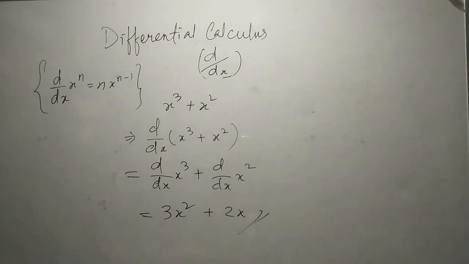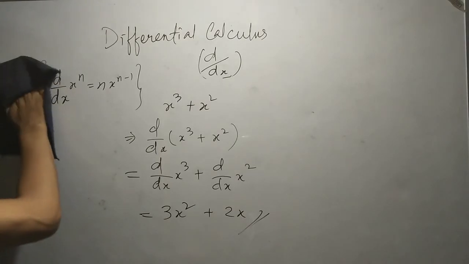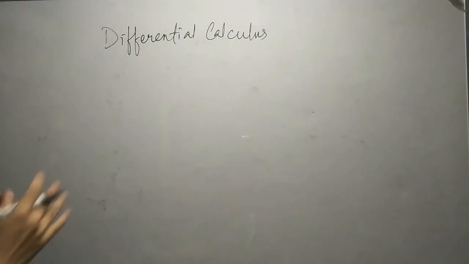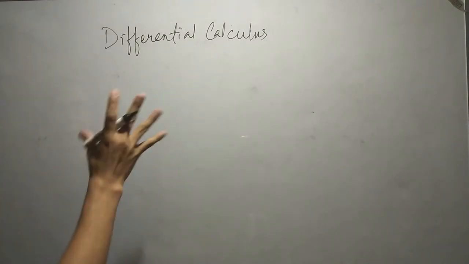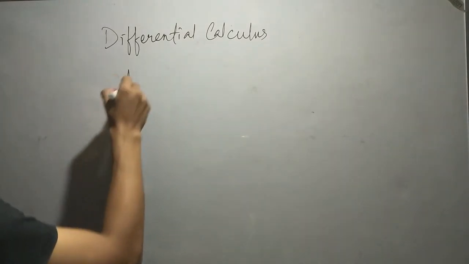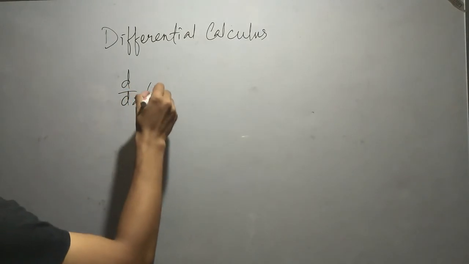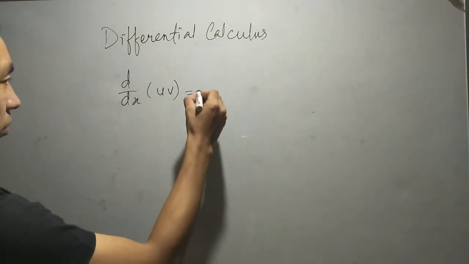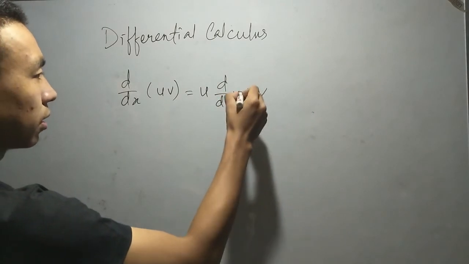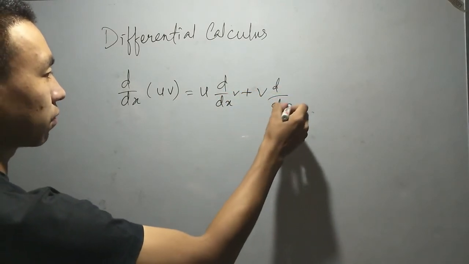Now I'll give you one or two formulas for differential calculus, some basic formulas that you will be needing. There are plenty of formulas, but let me just give you two. One is of the product uv: d by dx of uv equals u d by dx of v plus v d by dx of u.